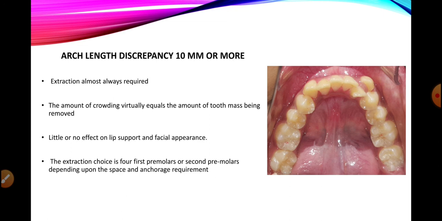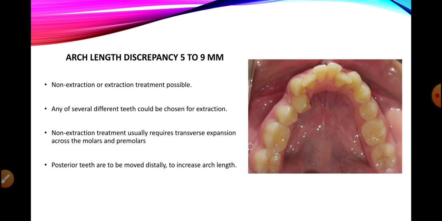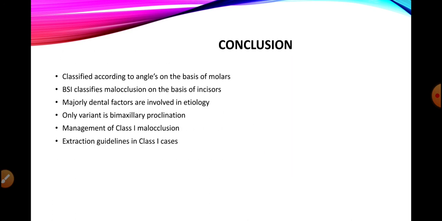And there are two major factors. First is the amount of crowding, and second is the soft tissue profile and the competency of the lips. So in cases of moderate crowding, when there is lip incompetency and proclined incisors with moderate crowding, in those cases extraction is a favorable procedure.